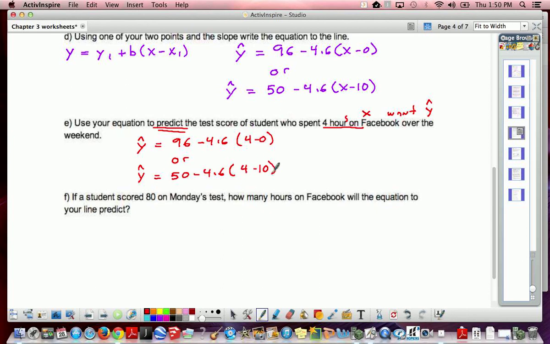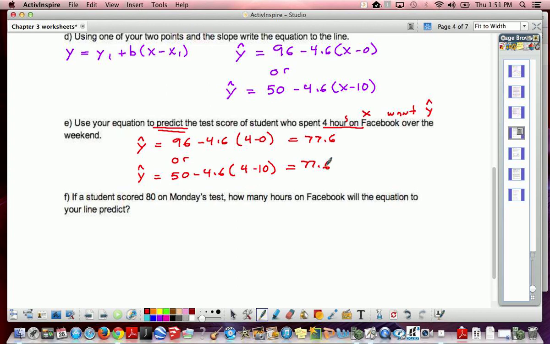Now, if you do this either way, you should get 77.6. And this one should be exact because the slope was not rounded or changed one single bit. So, sorry about that. But either way, it should be 77.6.